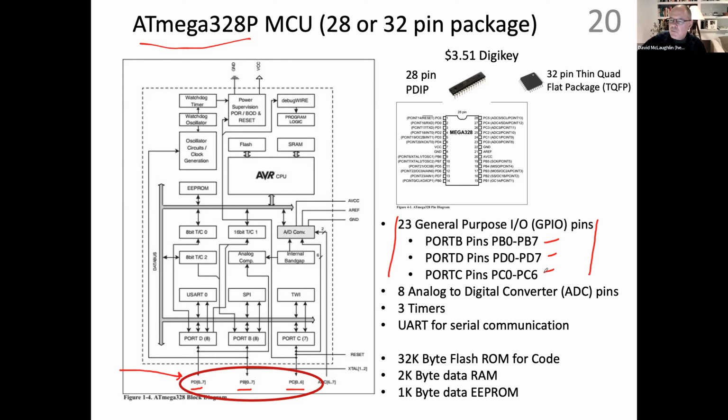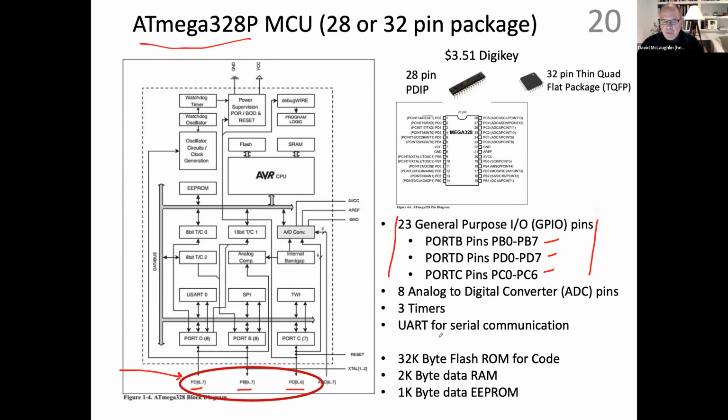So there are 23 of them. These are 23 pins on this chip that you can set high or low, or you can read them, and you can read if they are set high or low by the external world. This is one of the key means by which one of these chips interacts with the physical world. What we've been doing so far is just taking one of those pins, PB5, setting it high or low and connecting an LED to it.